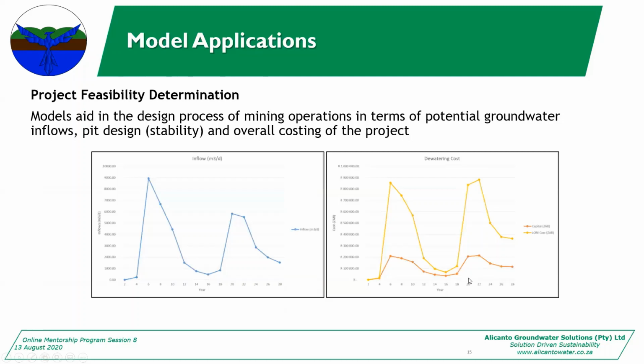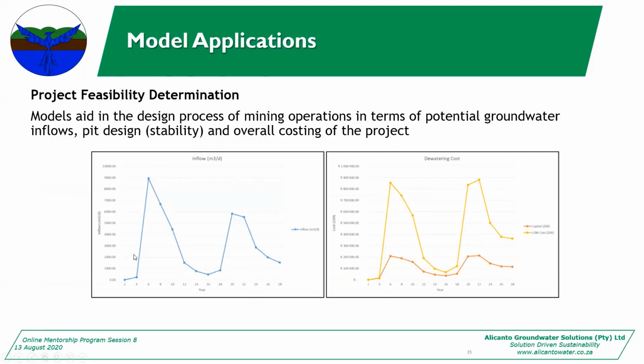Project feasibility determination. Models can aid in the design process of your mining operations in terms of your pit inflows, your pit design, your stability, which is your pore pressures and slope stabilization, and the overall costing of the project.